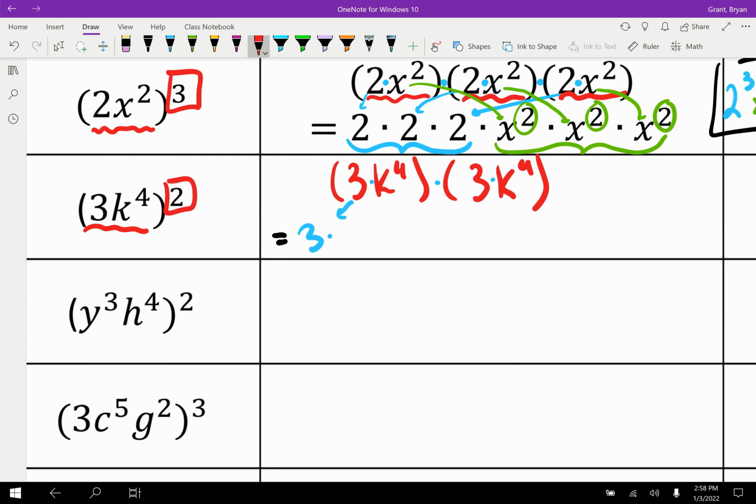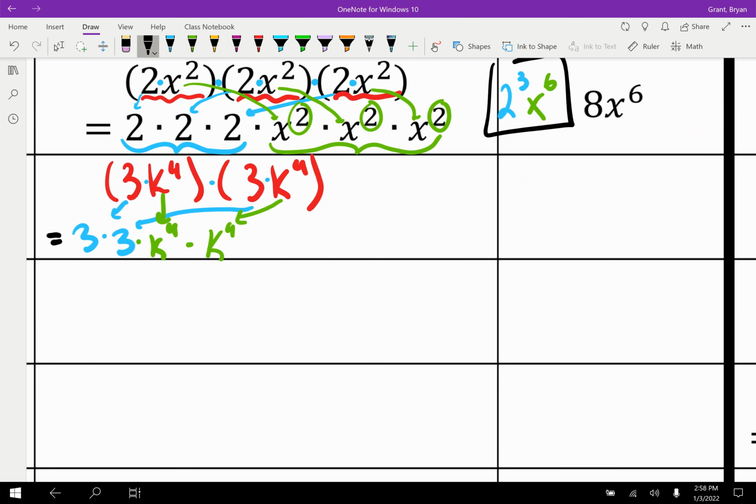Then we have a k to the 4th and another k to the 4th. So putting all of this together, we should end up with a 3 times itself, so there's 2 of those, and a k to the fourth times k to the fourth, same base, add the exponents as k to the eighth. You could also write that as 9k to the eighth.